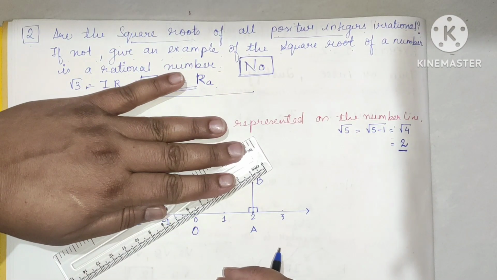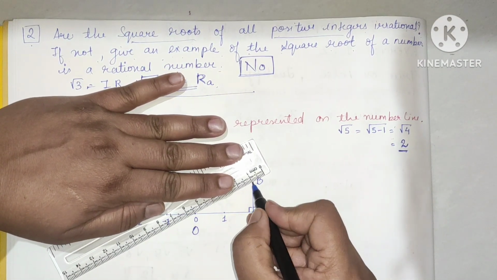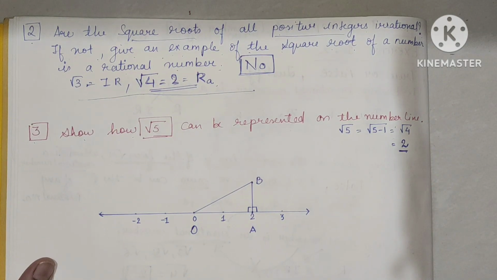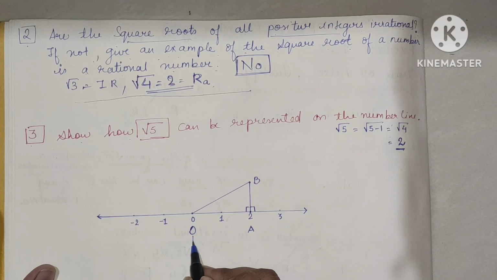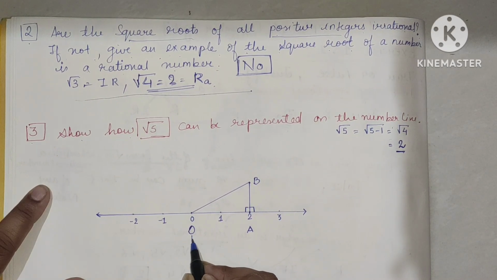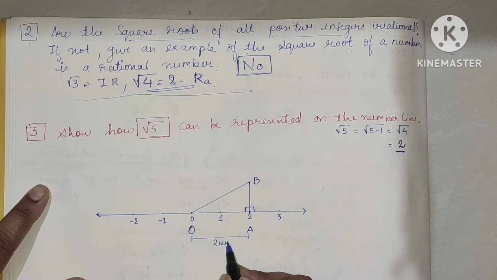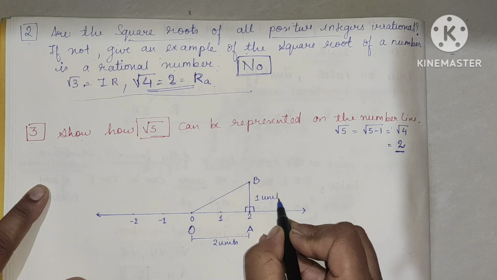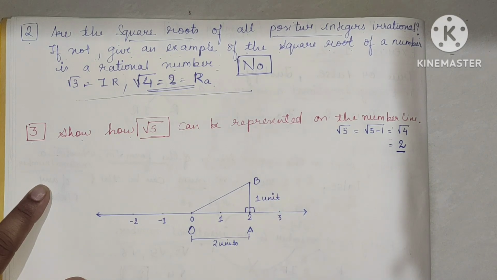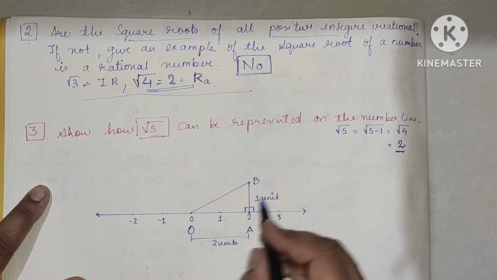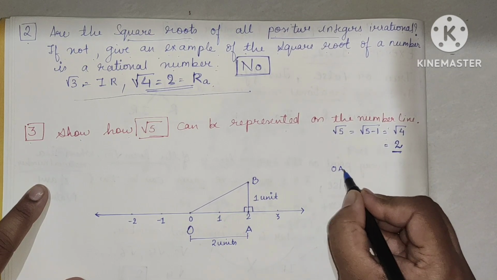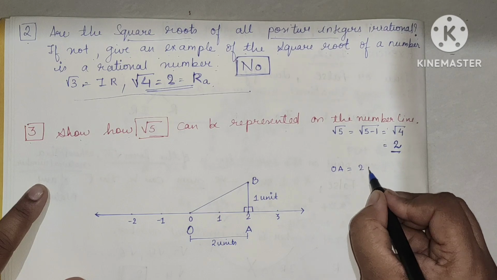What we'll do? We'll join this line. What is this distance? 2 units. Again, we'll analyze the figure. OA is equal to 2 units.